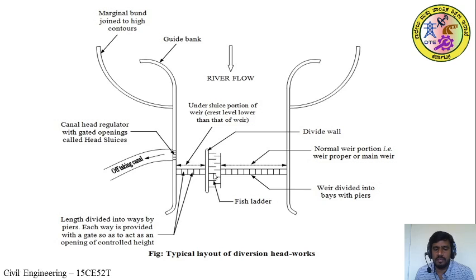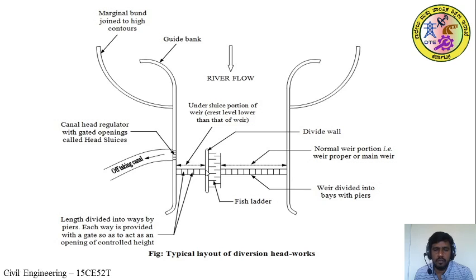On one side of the divide wall, it serves the function of supporting the fish ladder. On another side, it is towards the canal head regulator. Usually, the divide wall is a solid masonry or a concrete wall. The top width of this divide wall may be around 1.5 to 2.5 meters.